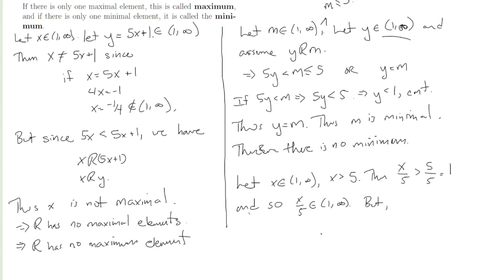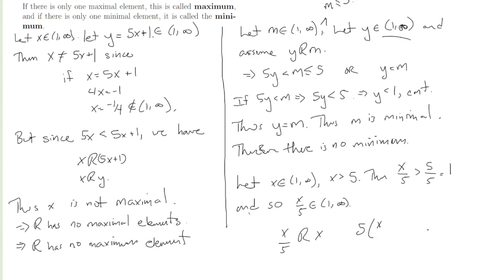Because I'm trying to find something that is less than or equal to x, right? Does x over 5 work? Is it true that x over 5 is related to x? Well, certainly x over 5 is not equal to x. But is x over 5 related the first way? No, it's not, because 5 times x over 5 is x, which is not less than x. Okay, so those are not related. So that doesn't quite work.